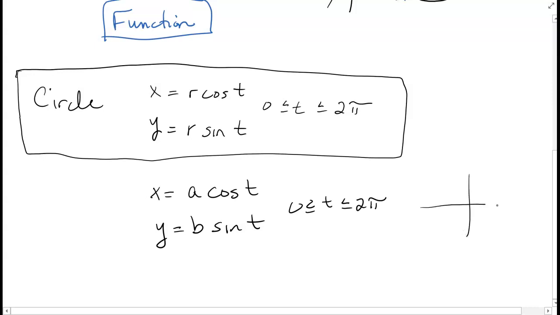That is no longer going to give you that perfect circle, because now the distance between the origin on the horizontal is going to be A, and on the vertical is going to be B. So what do you think that's going to do to your curve if they don't have the same coefficient?